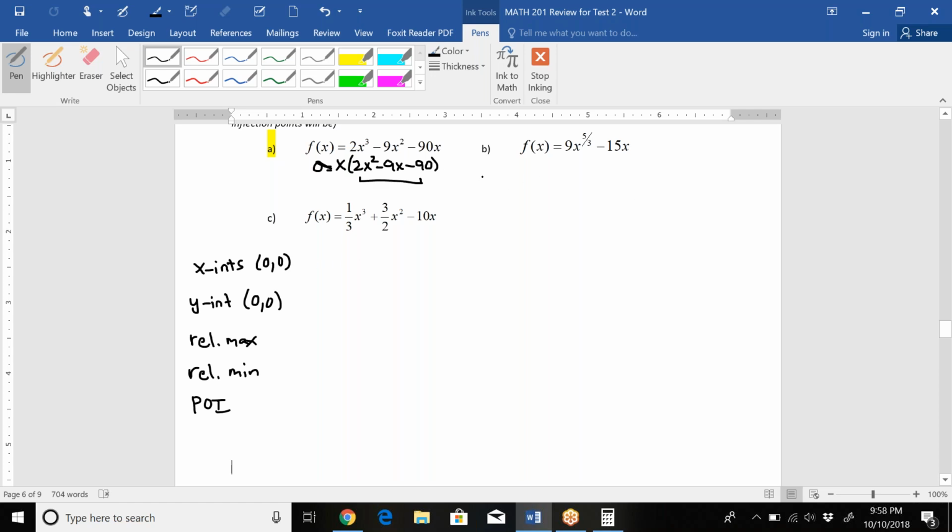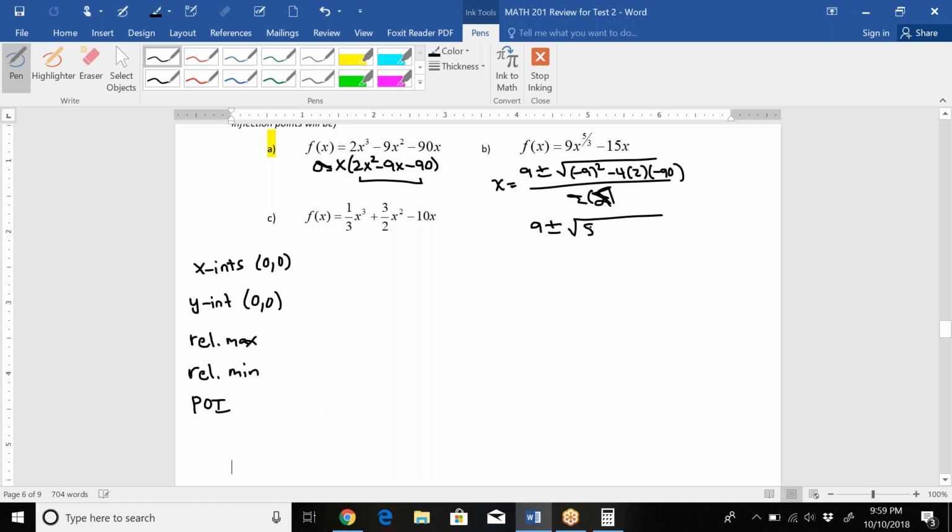So we're going to come over here and use the quadratic formula because it doesn't factor nicely. So x equals -b, so that'd be +9, plus or minus the square root of -9 squared minus 4ac, all over 2a. Okay, so -9 squared is 81.